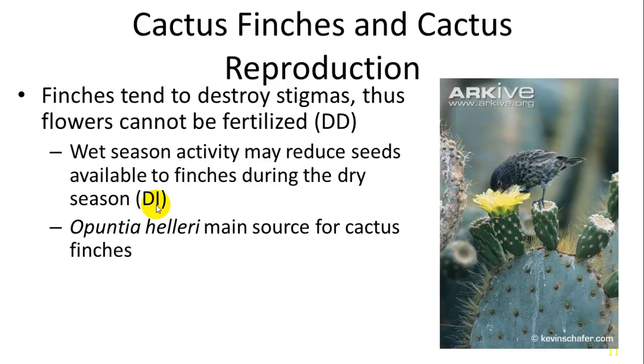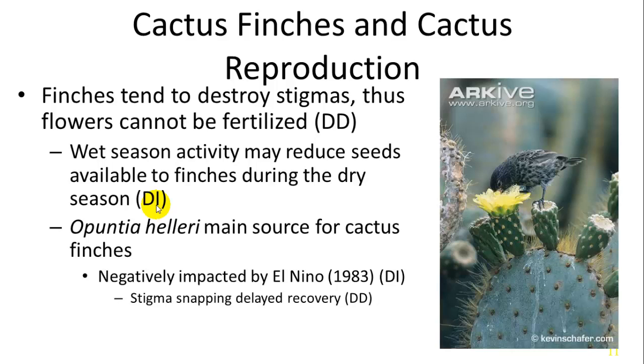This cactus is the main source for the cactus finches, which is negatively impacted by El Nino, a climatic event, density-independent. The stigma snapping also delayed the recovery, which is density-dependent. And so you have this interplay of biotic factors, which are generally density-dependent, and abiotic factors, which are density-independent.